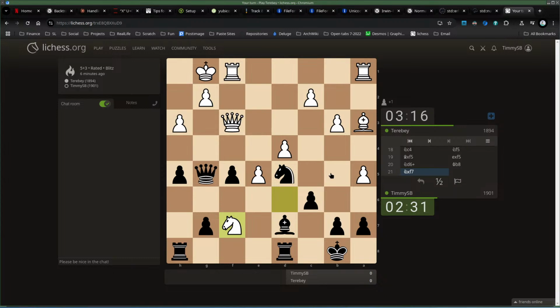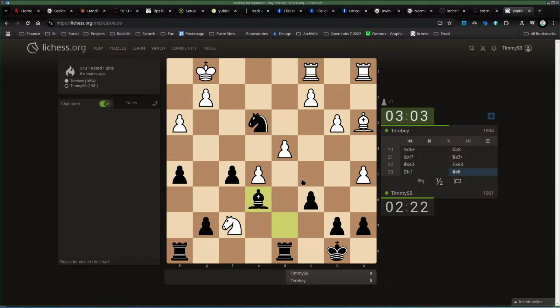Oh no. That was a royal fork. It's still two rooks being attacked. What to do.